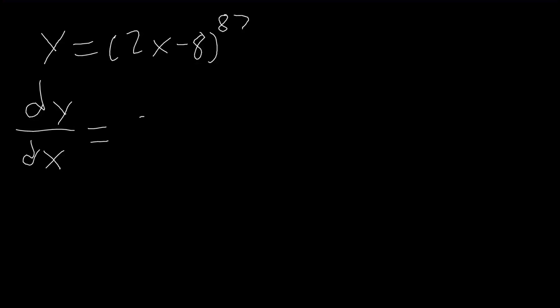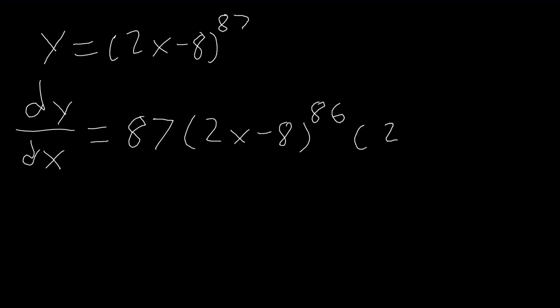So we can just bring down the 87 like we would in the power rule, keep the inside the same, subtract 1 from the exponent, so it's going to be now to the power of 86, and then multiply by the derivative of the inside, which is going to be 2. And we could, again, combine these, but there's no need really.